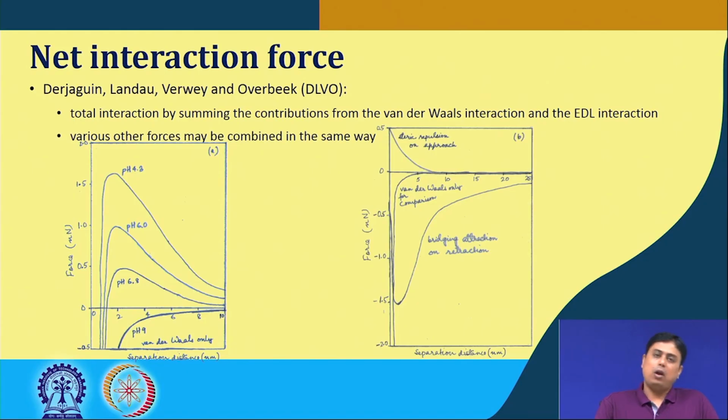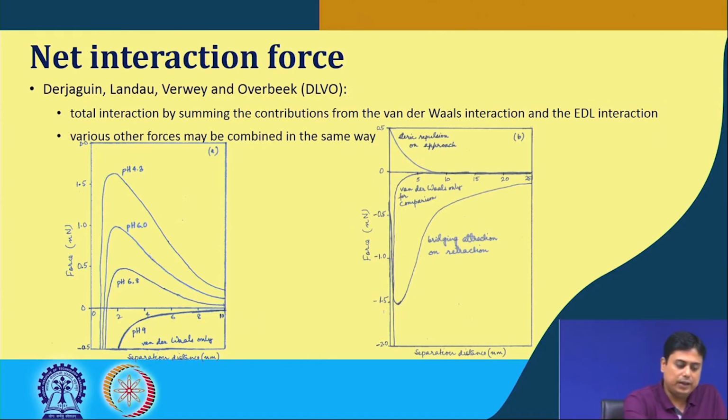And similarly, all other forces can just be added to those forces to have the total interaction between the two particles. So, basically it is the summation of all interaction forces, for which we can have the expressions, theoretical derivations or empirical correlations.